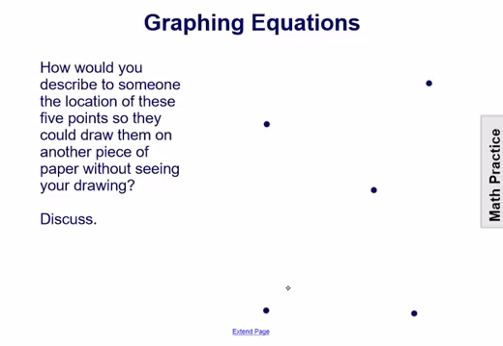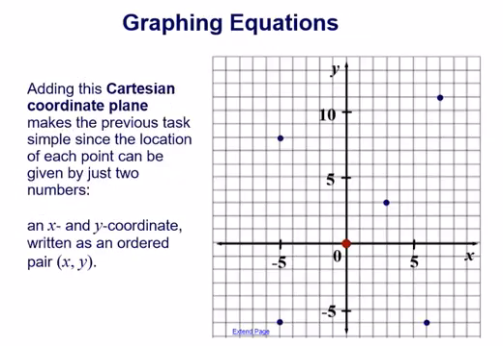Well, maybe you would tell them to start at one of the other points. Maybe you would use directional words like left or right, up or down, maybe north, south, east or west, but it wouldn't be an exact replica without having more tools or more help. Now, adding this Cartesian coordinate plane makes the previous task simple, since the location of each point can now be given by just 2 numbers.